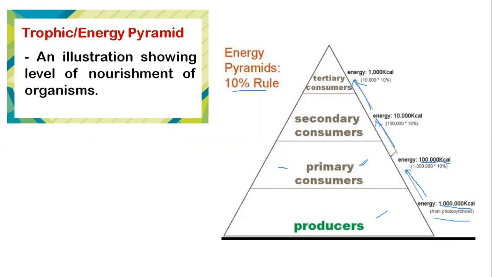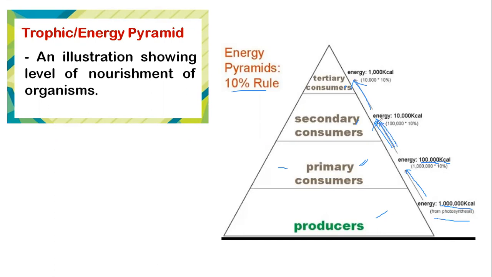Now, the primary consumer will be eaten by the secondary consumer. Since the primary consumer has only 100,000 kcal, 10% of that 100,000 kcal will be transferred and received by the secondary consumer. So what is 10% of 100,000? It is 10,000.